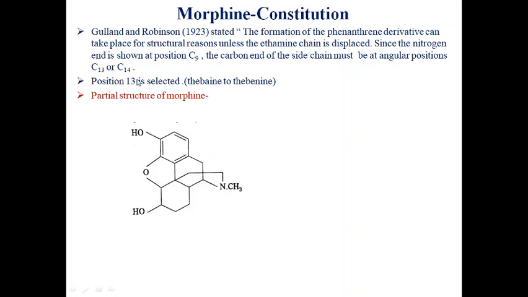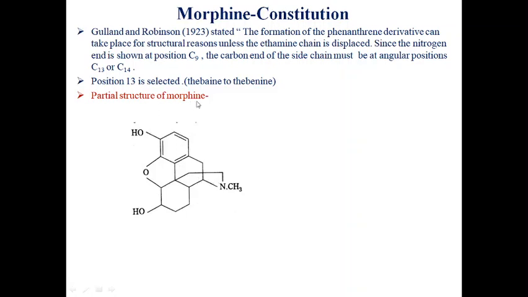We only have to write that position 13 is selected on the basis of thebaine and thebenine. So this is position 13. Angular position 13 has been selected for the attachment of this ring.